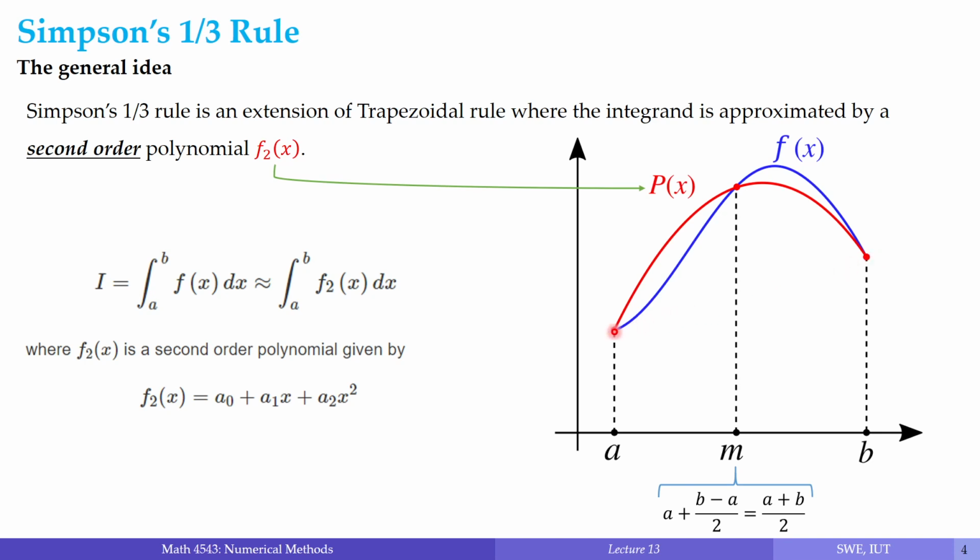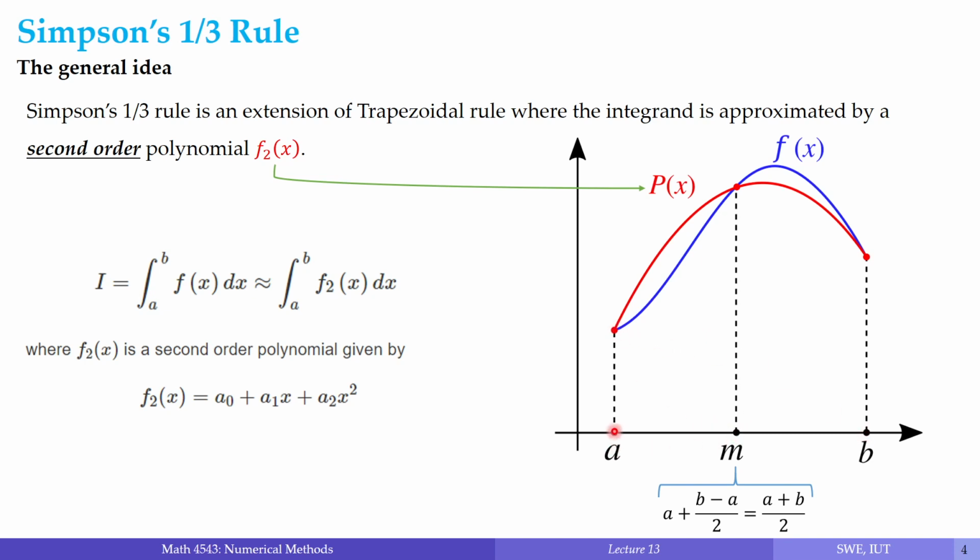To take three equidistant points, we have to divide the whole span of this function into two segments. One segment is from a to the midpoint, and another is from the midpoint to b. So what's the middle point?